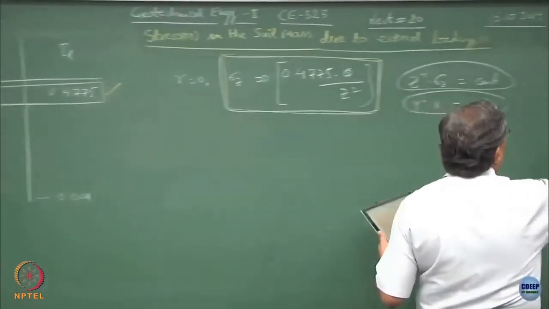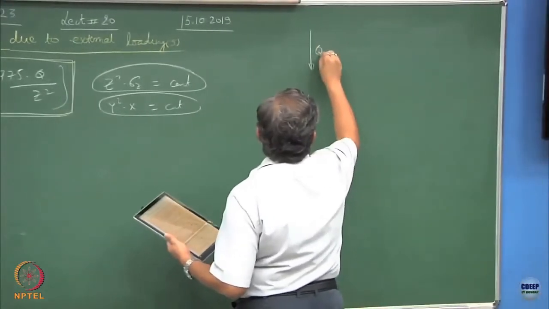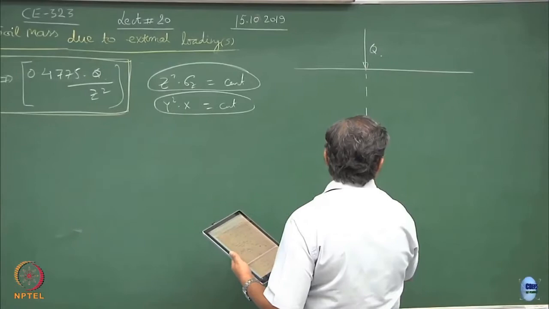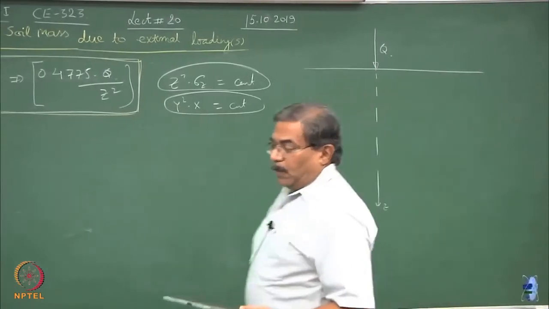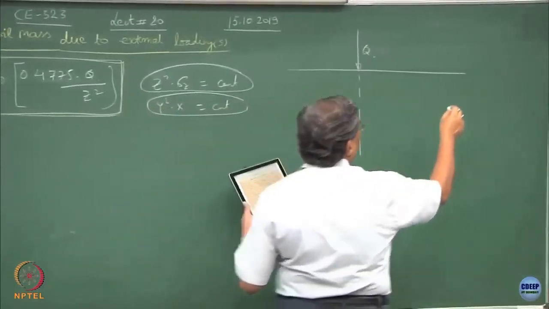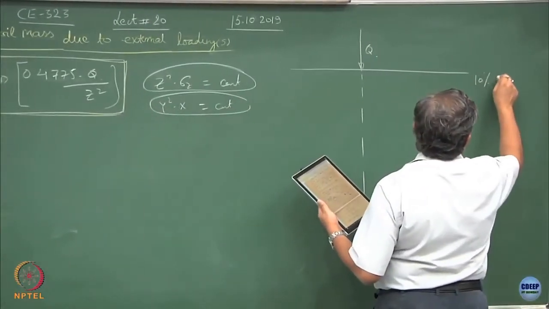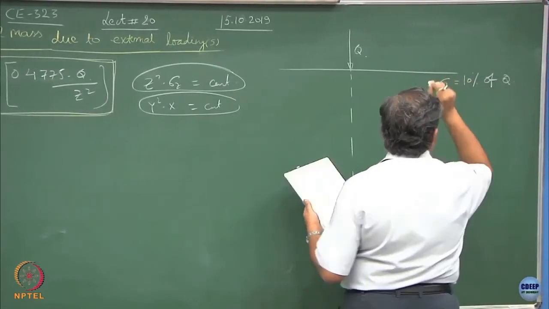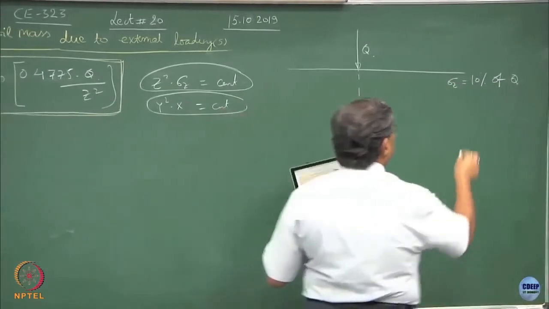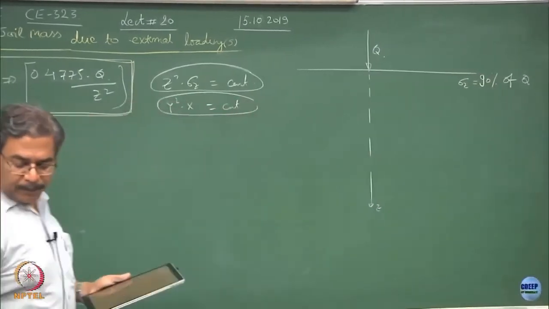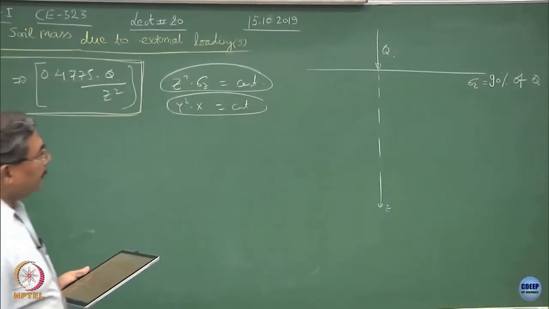That means, if I take, let us say, Q, and this is the point and this is my Z direction. If I plot, let us say, 90% of Q as sigma Z, where would this be sitting?